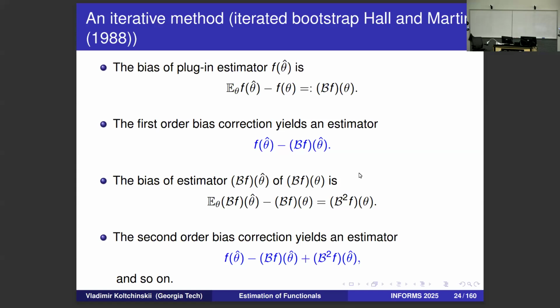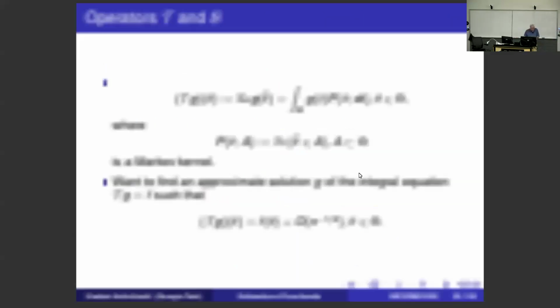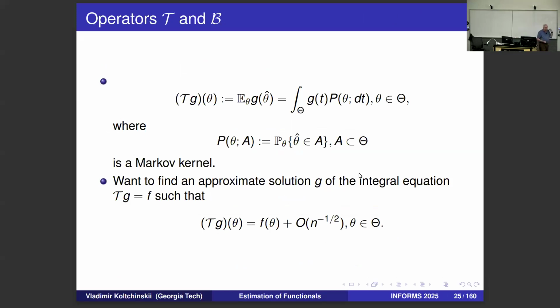But I actually prefer the way I myself looked at this problem even before I discovered this paper of Hall and Martin, and it's a more analytic way. So basically what we are looking at here is this operator. Let's remember this notation because I will use it a lot.